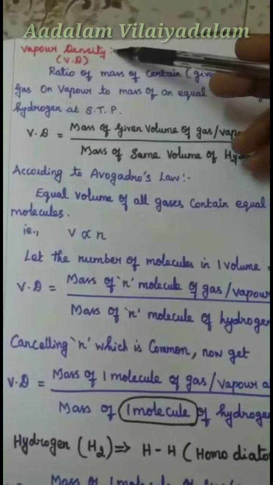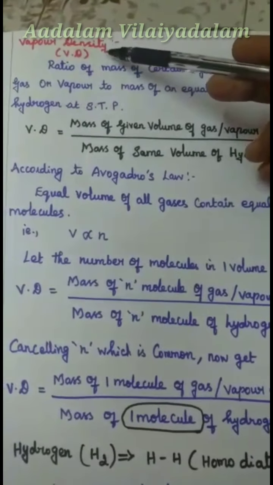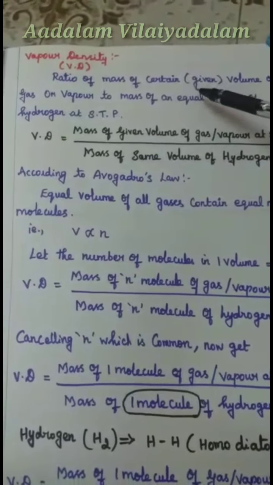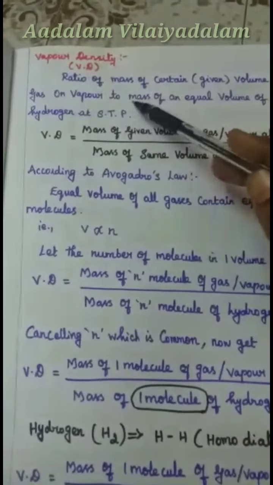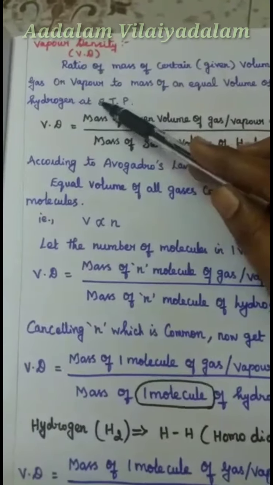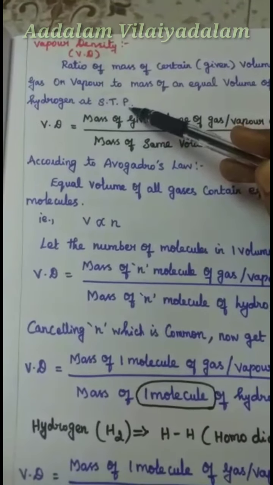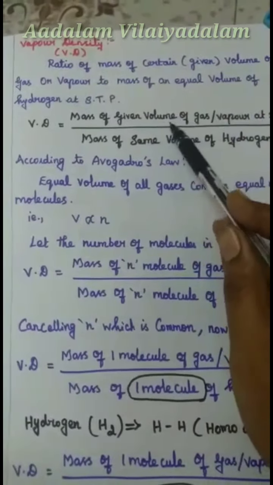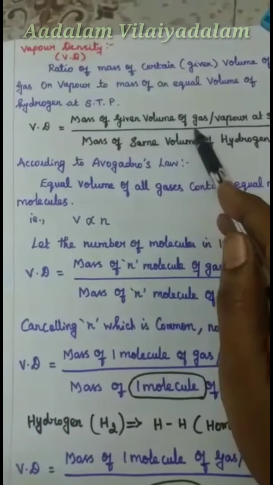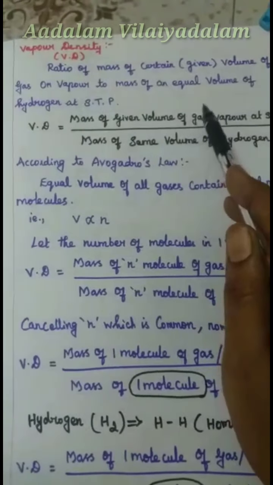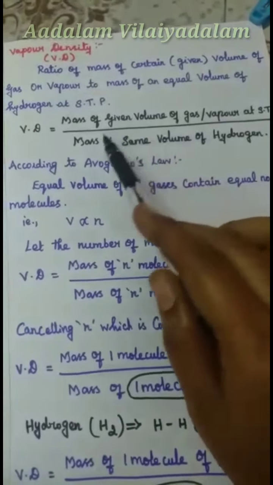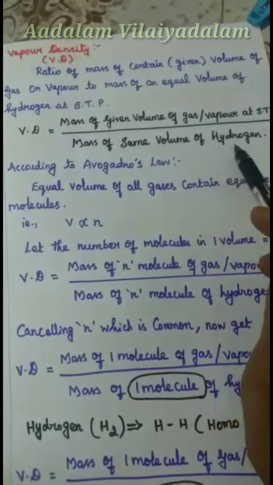Now, we learn about the definition of vapor density. It is the ratio of the mass of a certain volume of gas or vapor to the mass of an equal volume of hydrogen at standard temperature and pressure. That is, the ratio between the mass of a given volume of gas, whichever volume of gas you want to measure, compared to the mass of the same volume of hydrogen.